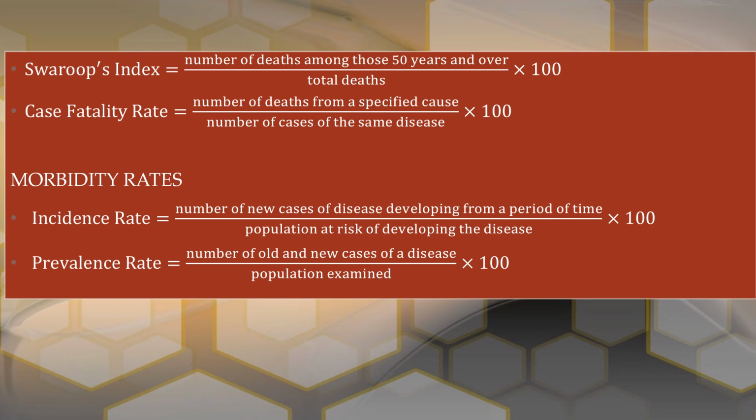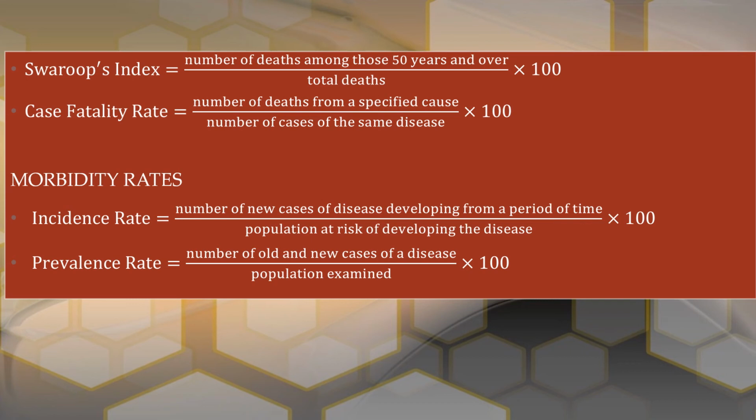Okay, so basically, case fatality rate is an indicator of the utilization of healthcare services and the provision of it. How effective is the provision of healthcare towards this specific population affected by a specific disease or condition?